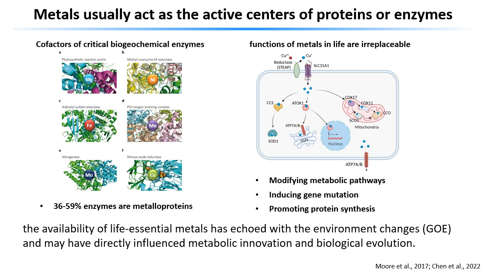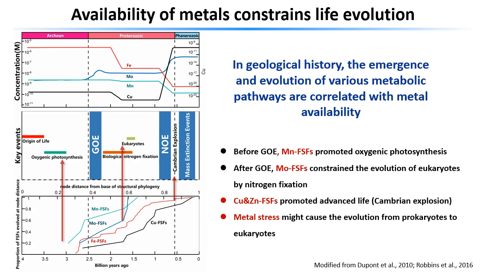Because of this, metals can affect a range of bioactivities, including, for example, modifying metabolic pathways, inducing gene mutations, and promoting protein synthesis. So in fact, the availability of life-essential metals has on one side echoed with environmental changes such as the GOE, and may have directly influenced metabolic innovation and biological evolution.